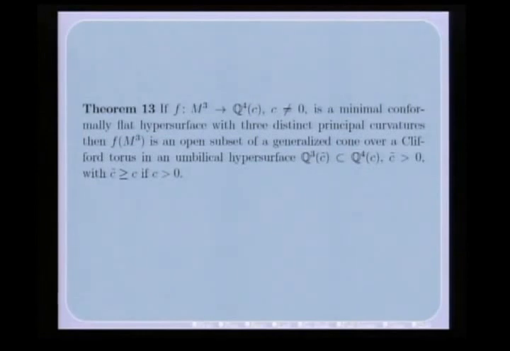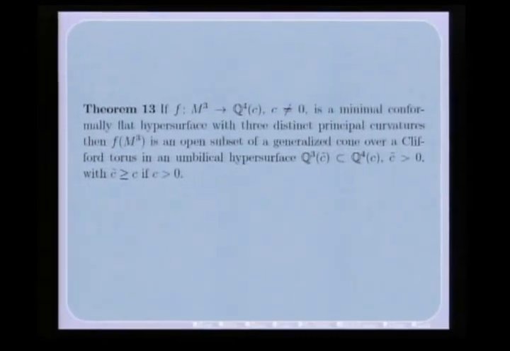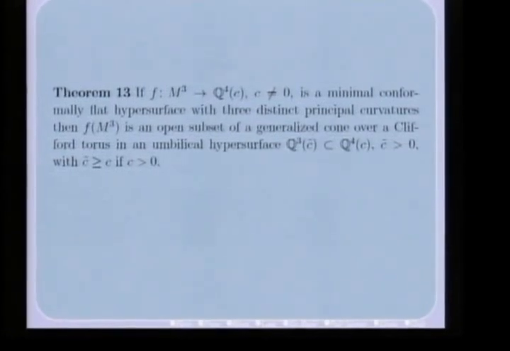Well, how does one prove that? You consider that general system of equations given by the Gauss-Codazzi equations, add the condition of being minimal, make horrible computations, and finally you get a contradiction when C is not zero. But you can't find a contradiction if C is zero, which leads to the question of whether there would be any examples in this case besides the cone over a Clifford torus.